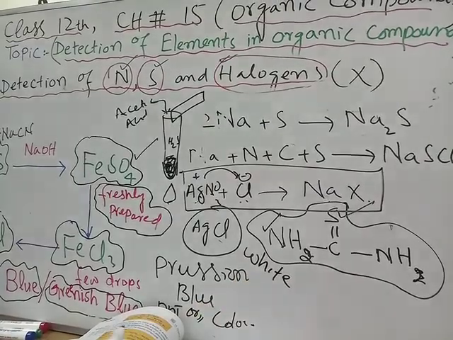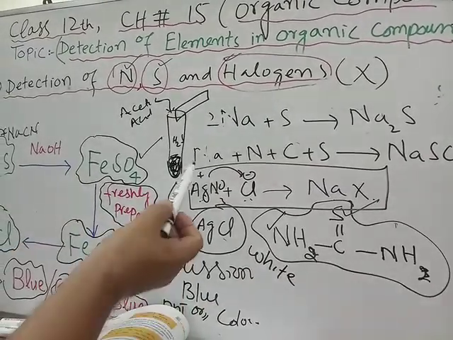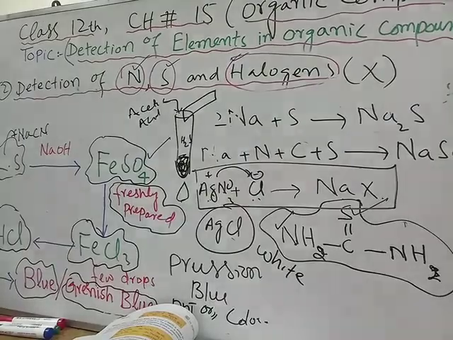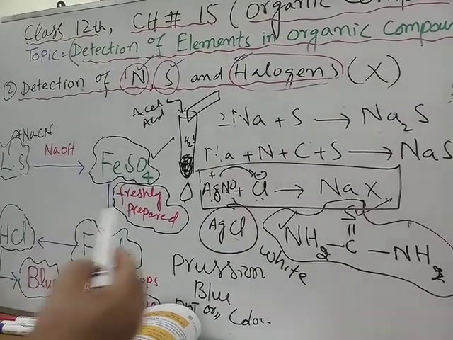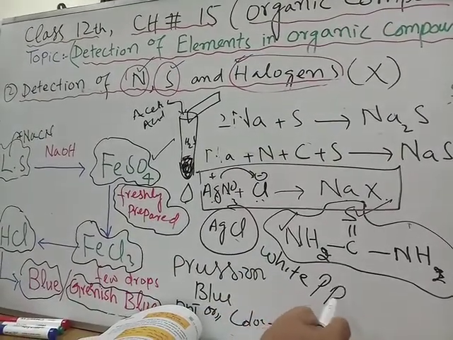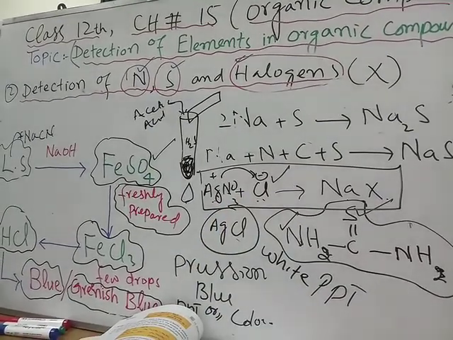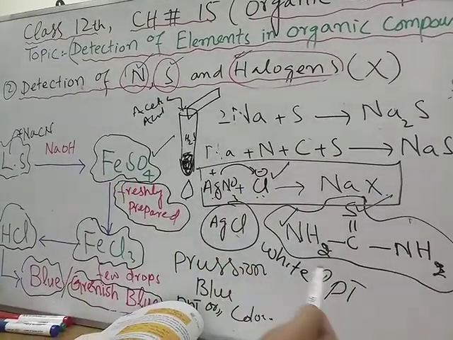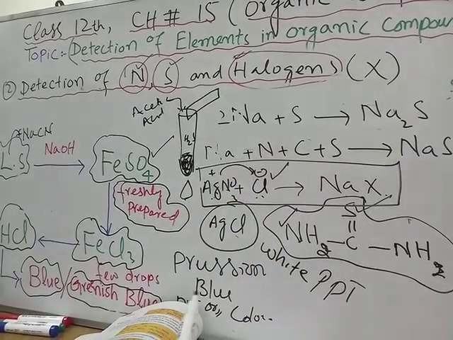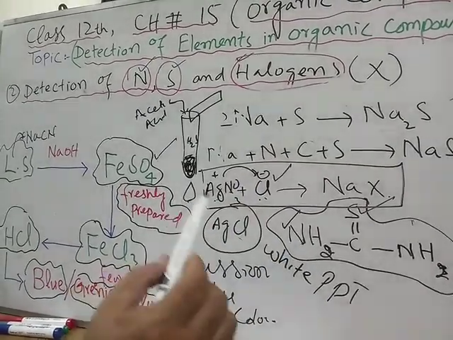So by the addition of silver nitrate solution to Lassaigne solution, if a white precipitate is obtained, this means there is chlorine here. If an off-white precipitate is obtained, then remember that there will be bromine.